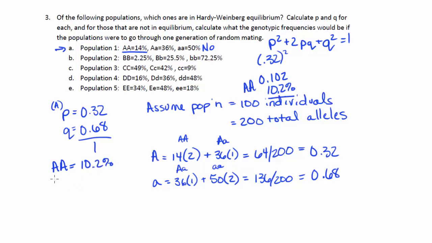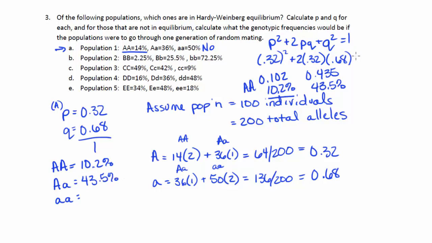If we do the same thing and solve for the other genotypes, 2PQ would be 2 times whatever P is, which is 0.32, times 0.68, which is our Q. And if we multiply that, we get 0.435, or in other words, 43.5%. So that is our frequency of the heterozygous ones.